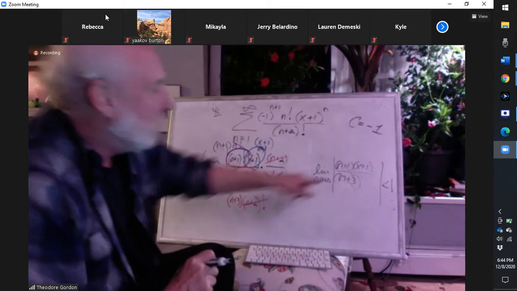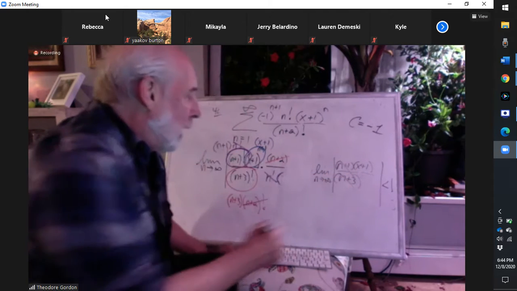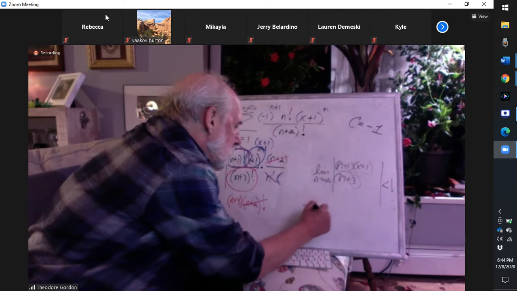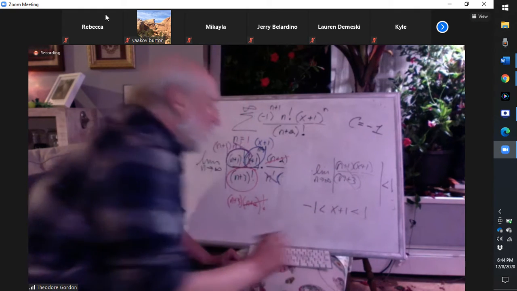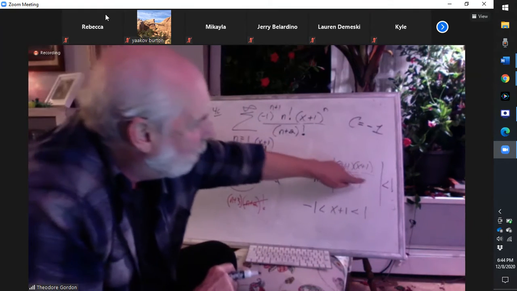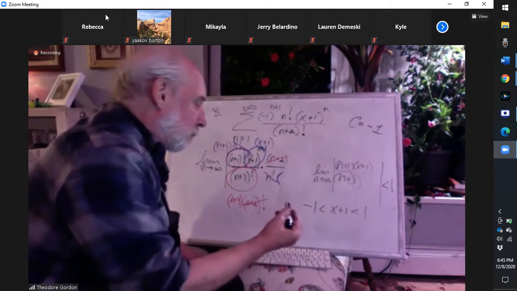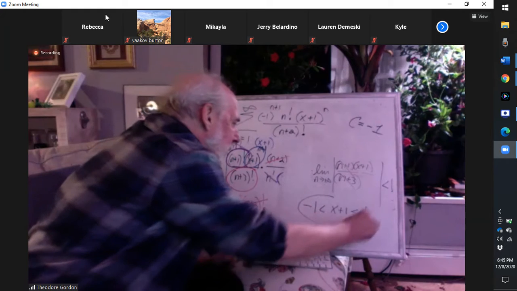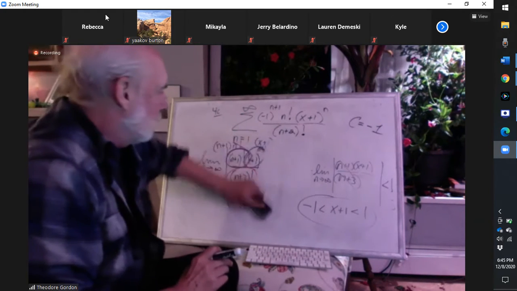And now we need the absolute value of x plus 1 to be less than 1. To say the absolute value is less than 1 means that we're in between -1 and 1. Now we solve for x.